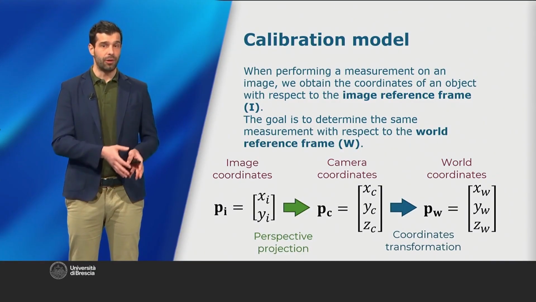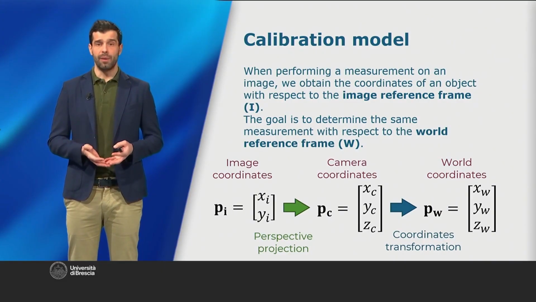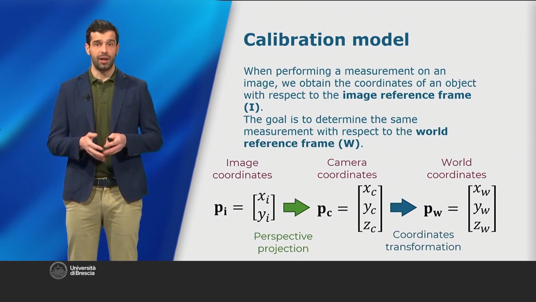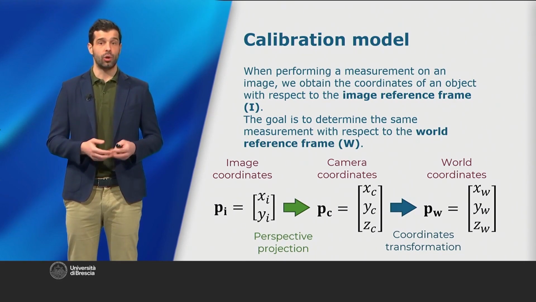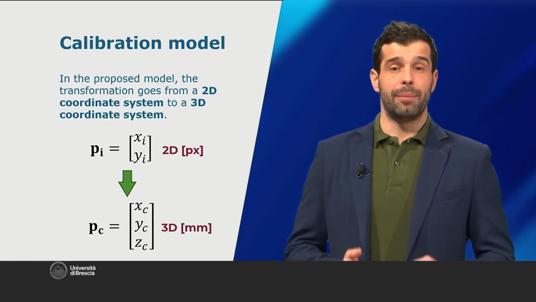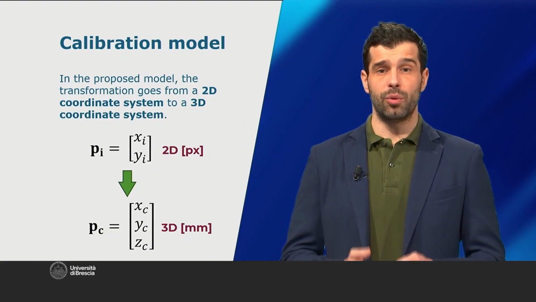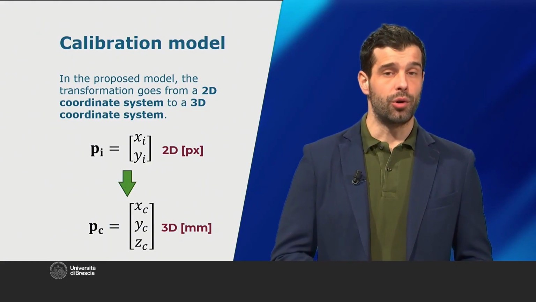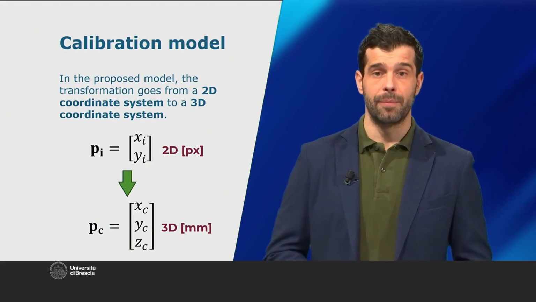To be able to go from I to W, the most common model involves passing through the camera reference system before reaching the world reference system. These two transformations from image to camera to world are called perspective projection and coordinate transformation, respectively. This step is necessary because in the image we work in 2 dimensions, since the image is flat, while in the real world we work in 3 dimensions.